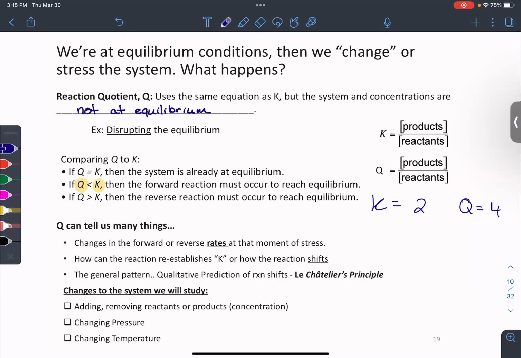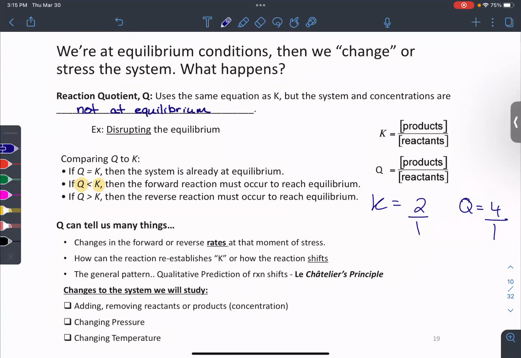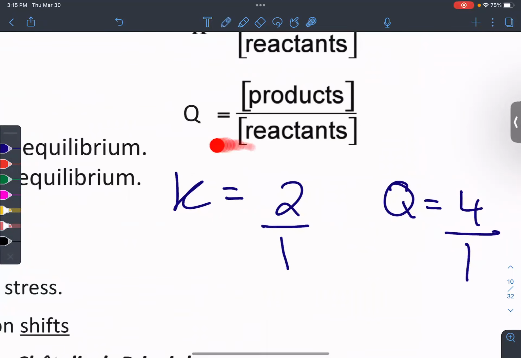Both of these represent products over reactants, so I always like to put them over a fraction to clearly see what I have. K is equilibrium, that's what I want to be at, but right now I'm at 4. So I have too much what? Too much products. So which way should my reaction shift to achieve equilibrium? To the reactant side.